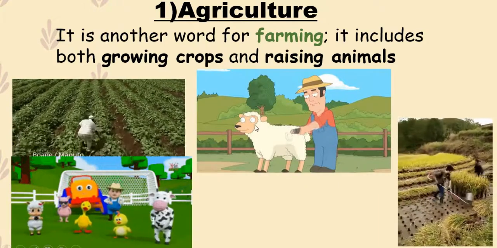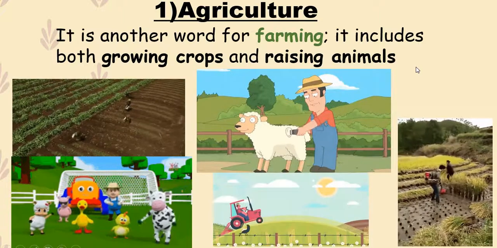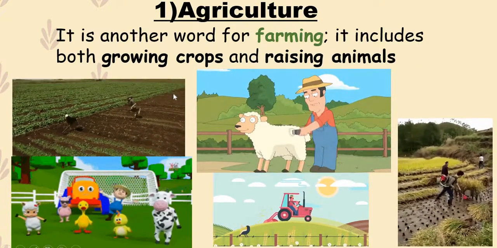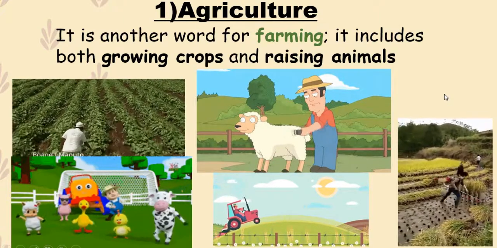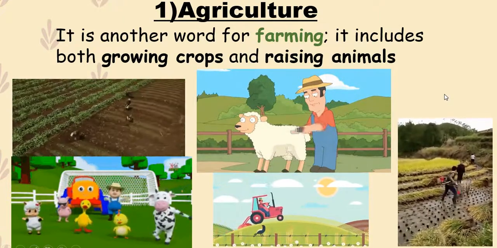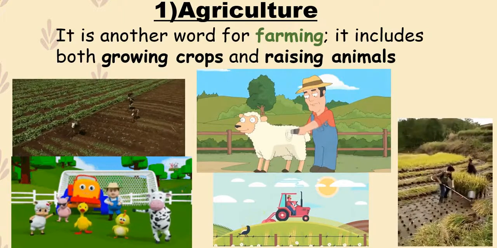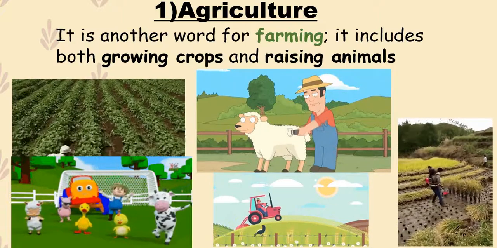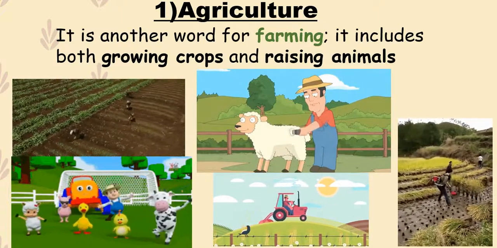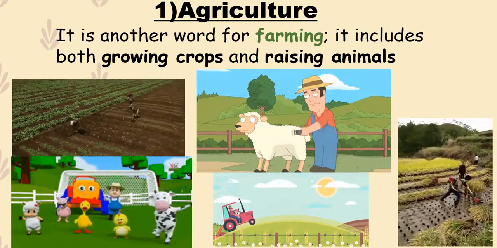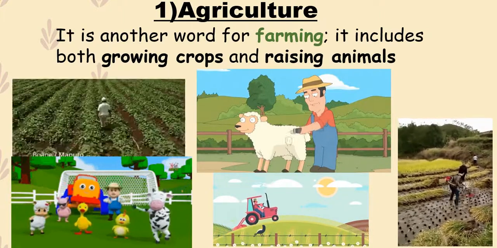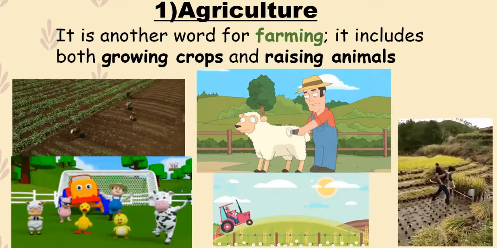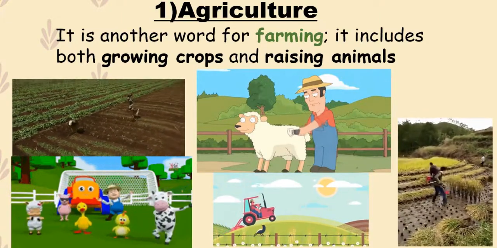Look, the farmer takes wool from the sheep, and here they are planting. So we have two ways to get materials. Number one, agriculture. We can plant cotton to get cotton to make a t-shirt, to make a dress. We can raise animals, like sheep, to take wool from the sheep and make heavy clothes.